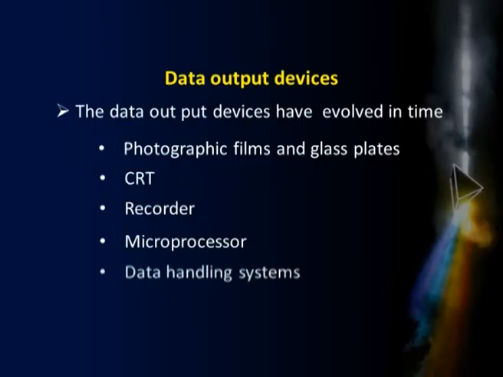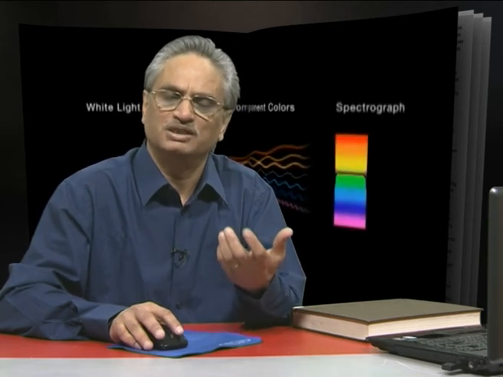Nowadays, we have gone even further. We have comprehensive data handling systems, wherein you can take the output from the detector, process it in any which way, and do a variety of things with that. This is thanks to our computers getting more and more friendly and faster.